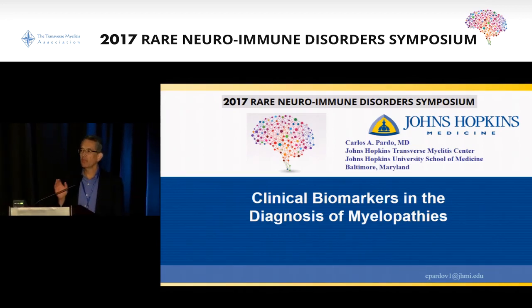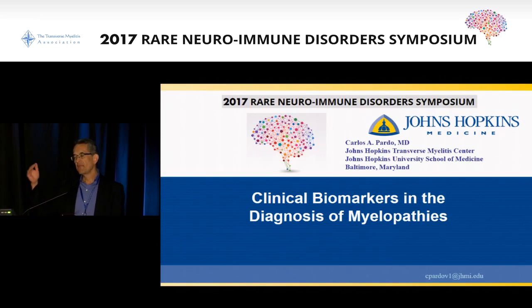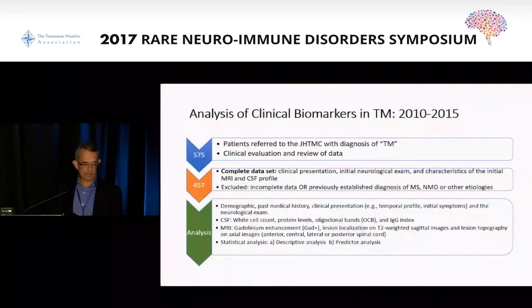So what you are going to see in the next few minutes is basically a very strict analytical approach to determine which are the factors, clinical, MRI, spinal fluid, and other items of the overall assessment of a patient that may help in the evaluation of myelitis.